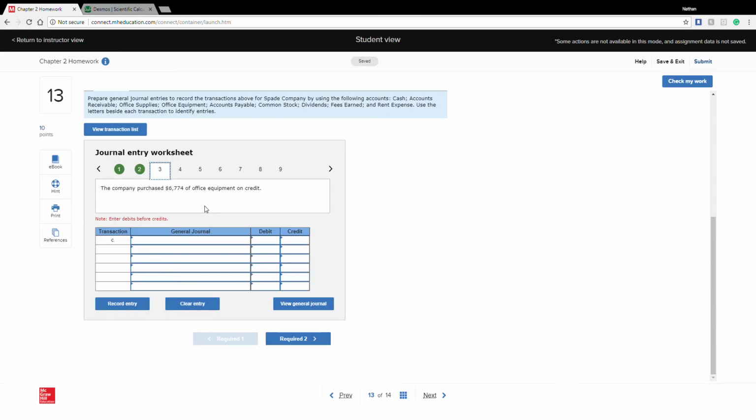3. Alright. So, company purchased 6,774 of office equipment on credit. On credit. So that means, again, the credit card got used. So we know we actually have to pay somebody. Usually this is going to be accounts payable, since it's nothing really specific to a loan or anything.